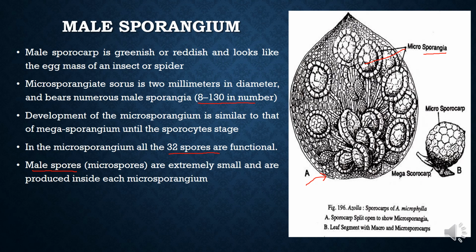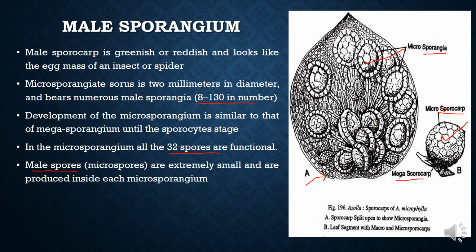And this is the diagram where we can see this large spherical structure, the microsporocarp, and at the basal region of the microsporocarp is the megasporocarp.